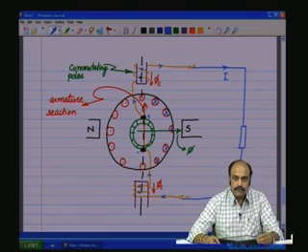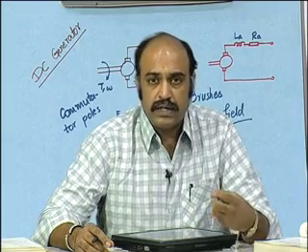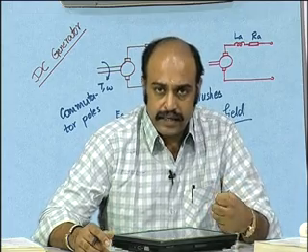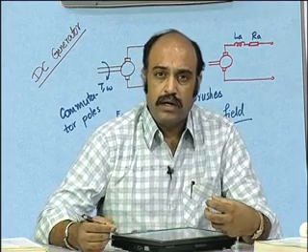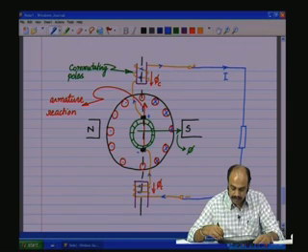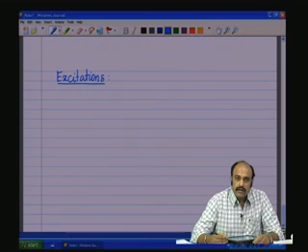How this field is brought about is called the excitation. The current that brings about the field is called the excitation current, and the field flux itself is called the excitation. So, how do we bring about the particular flux in the DC machine, and what are the methods of doing so? That is called the excitation.